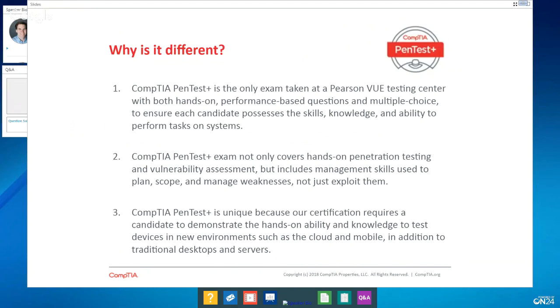Lastly, PenTest Plus is unique because it requires a candidate to demonstrate hands-on ability and knowledge in new environments, such as the cloud and mobile devices, in addition to traditional desktops and servers. That's one of the things we found when working with our subject matter experts in the job task analysis, and it was also verified in the survey. We moved away from the traditional desktops and servers and hacking, and now people are hacking Android devices, iOS devices, as well as Internet of Things devices, because most Internet of Things devices that are deployed at the moment don't have a secure operating system.